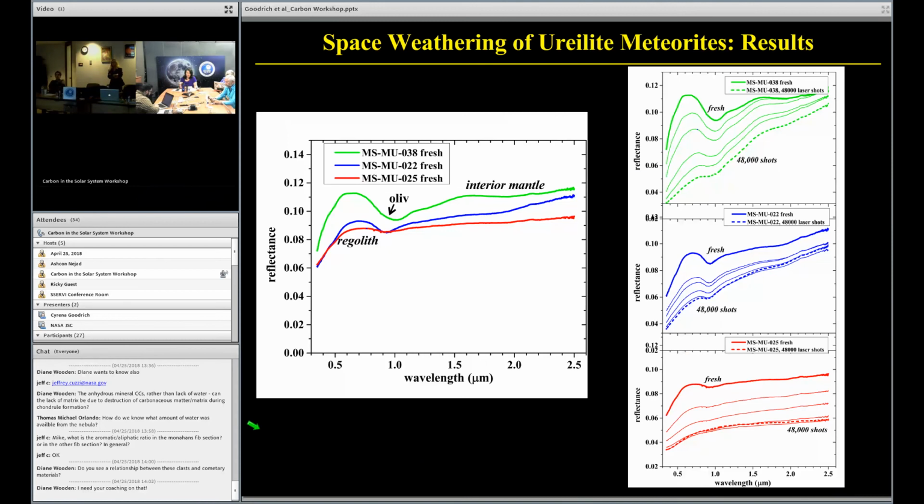And the results are shown here, with the fresh samples shown on the left, and the results of progressive irradiation for each of the 3 samples shown on the right.